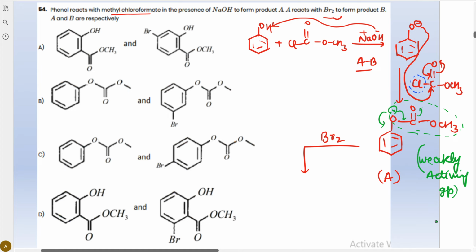Now if it is a weakly activating group, bromine has to do ES reaction here, electrophilic aromatic substitution reaction. At which position? At ortho and para position. And from ortho and para also, para is the major product. So try to write the answer.